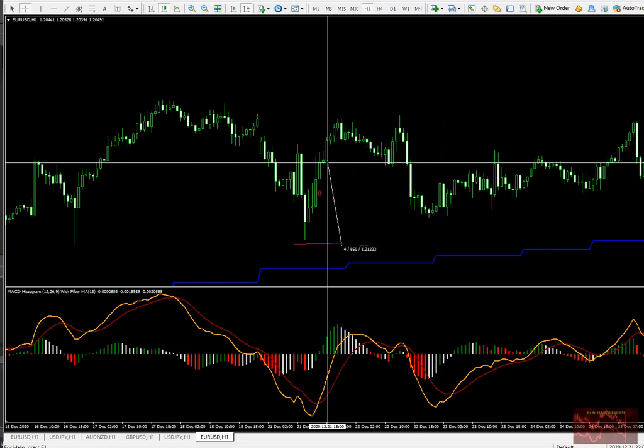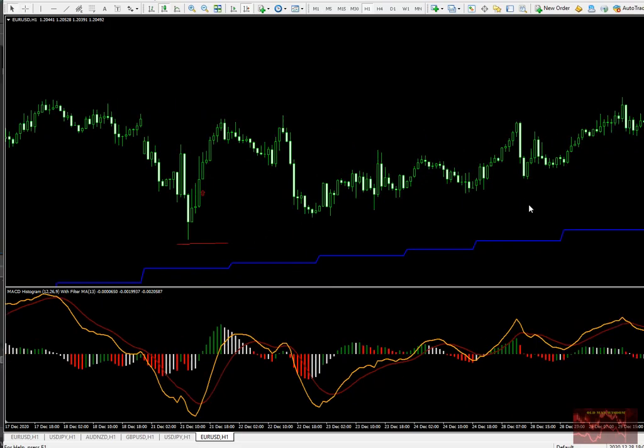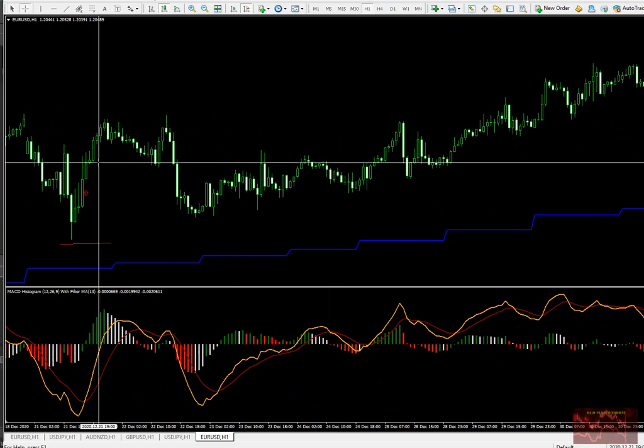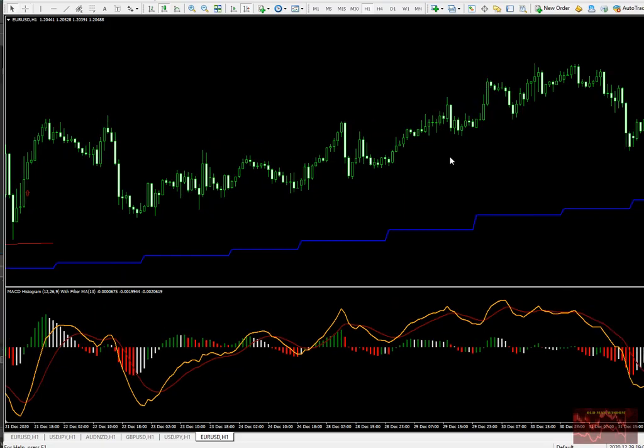It hasn't stopped you out, and you do actually make 90 pips right up there. You can't see it maybe. 90 pips is right up here. So you do make it.